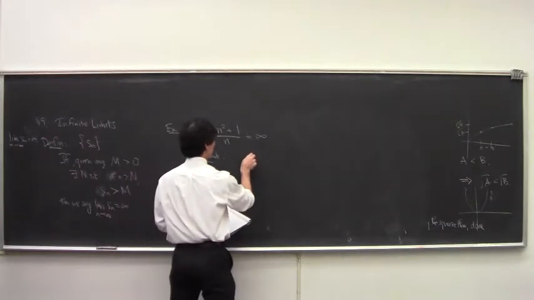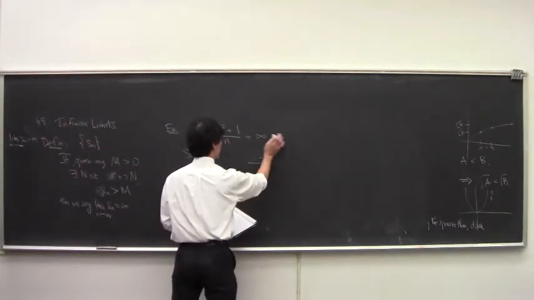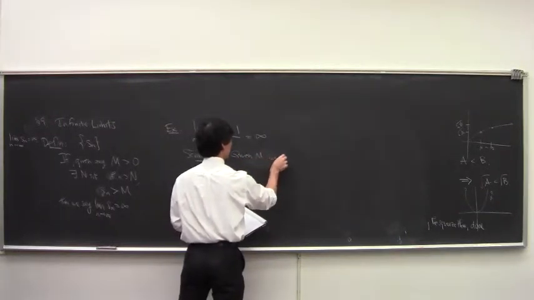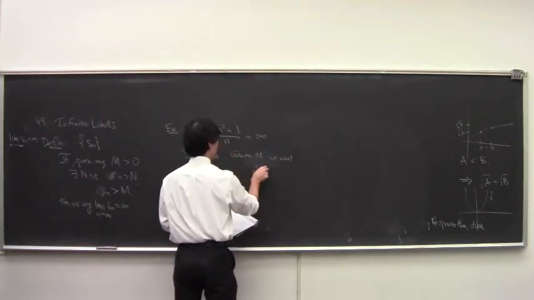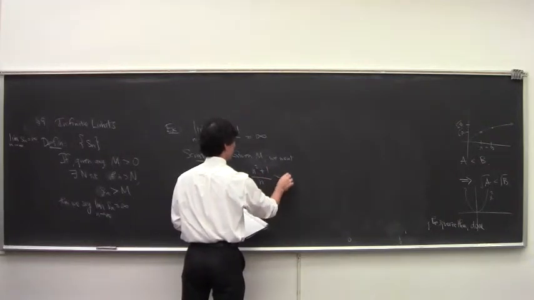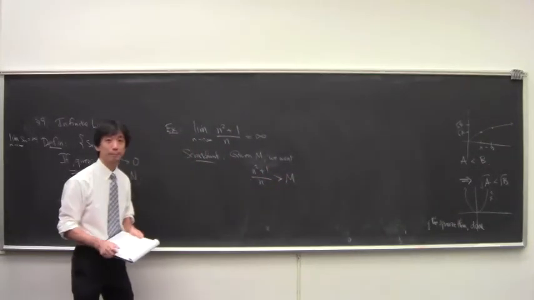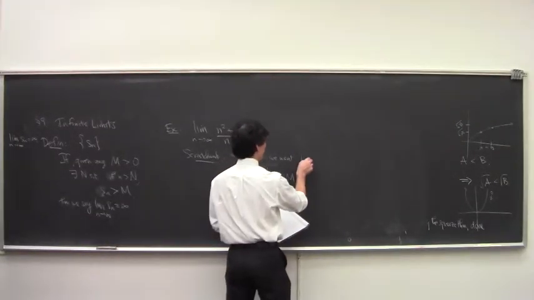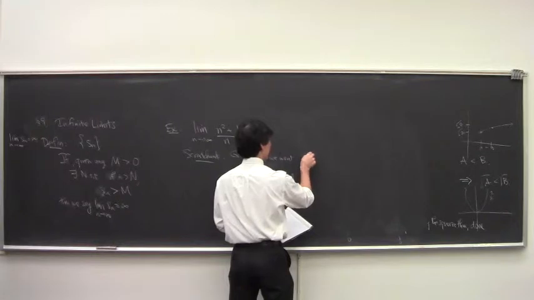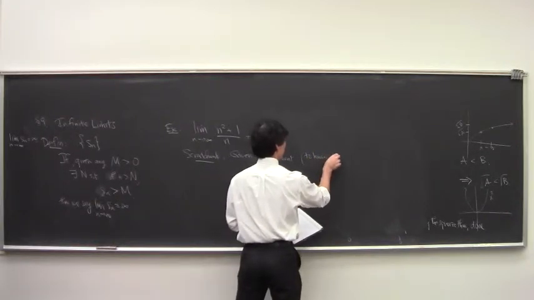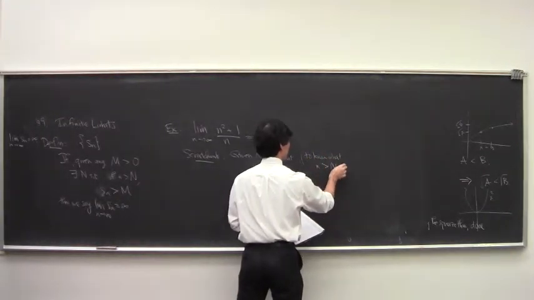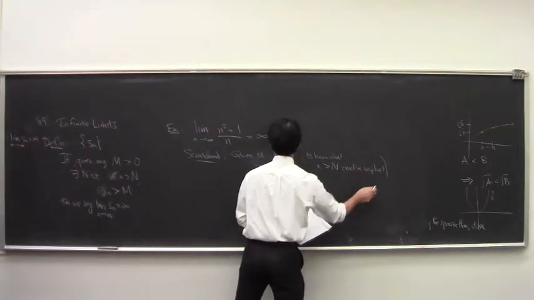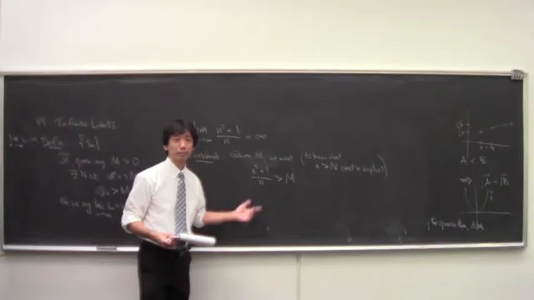Given M, we want n squared plus 1 over n to be bigger than M, and we want to know what condition on n implies this sort of thing.